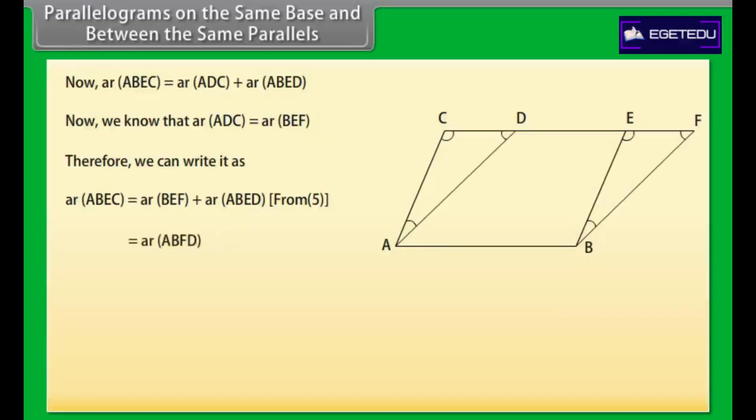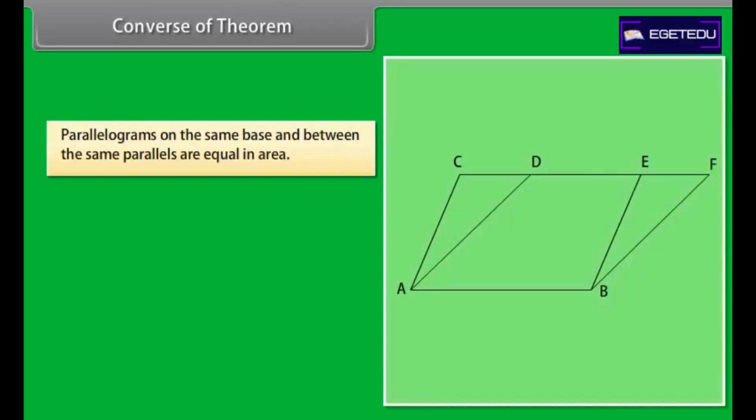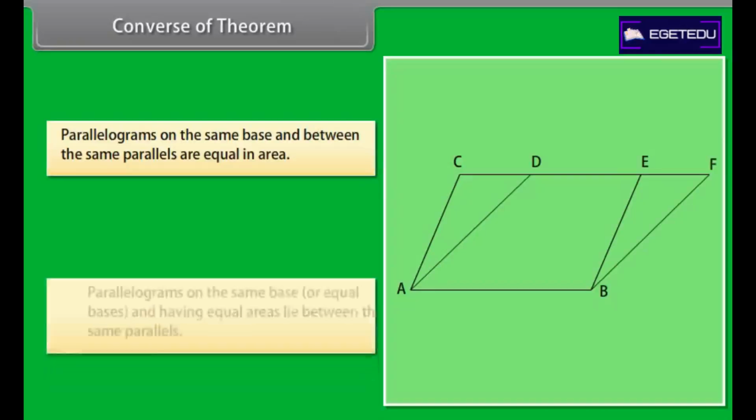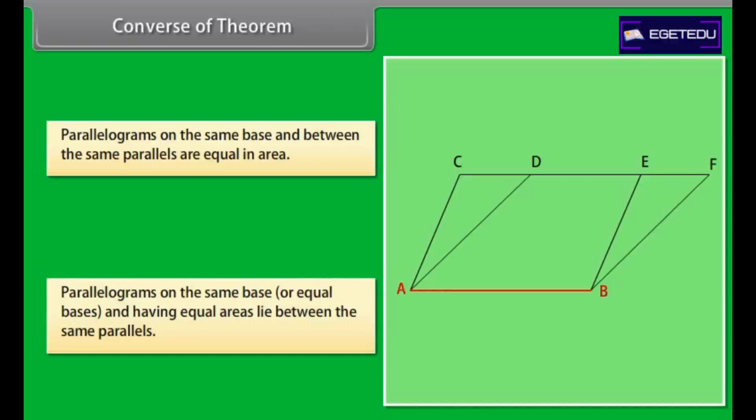Now we know that area of ADC is equal to area of BEF. Therefore, we can write it as area ABEC is equal to area BEF plus area ABED from 5, which is equal to area ABFD. So, parallelograms ABEC and ABFD are equal in area.